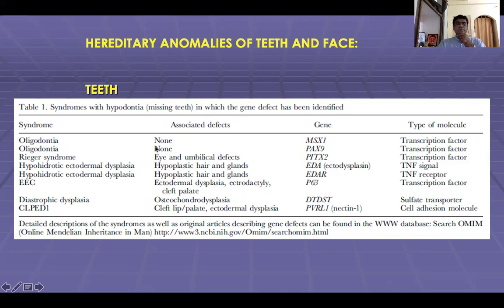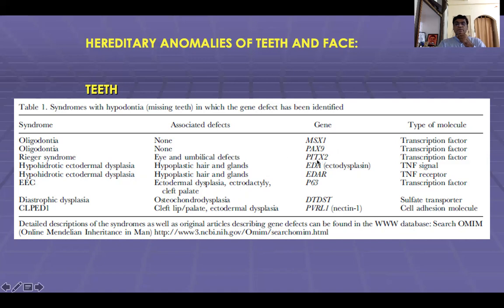Oligodontia associated defects are none, but the gene is MSX1, and the type of molecule is transcription factor. Then PAX9 also will be influencing oligodontia, and the transcription factor is there. Rieger syndrome, eye and umbilical defects.